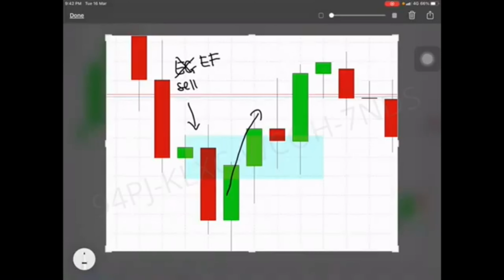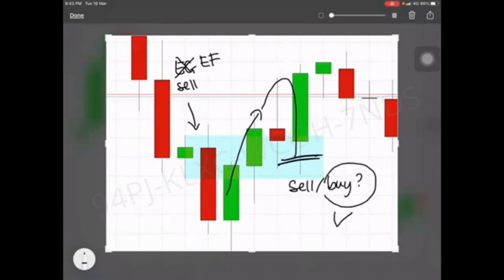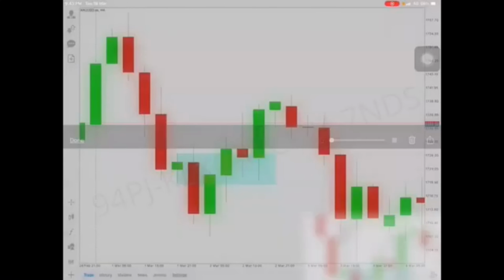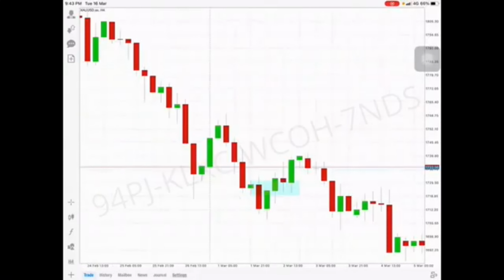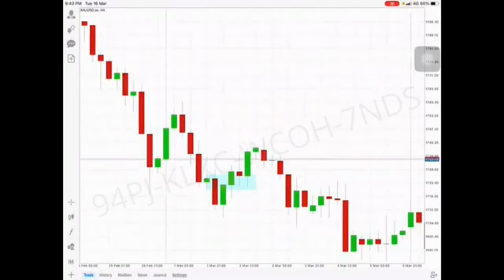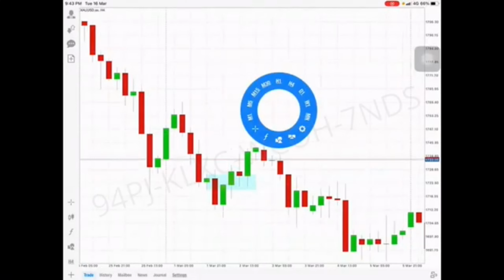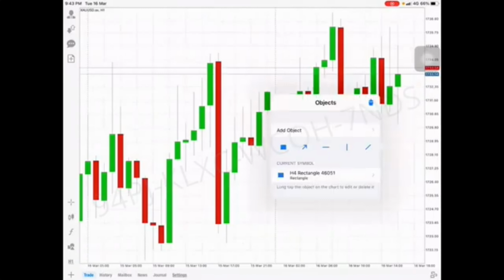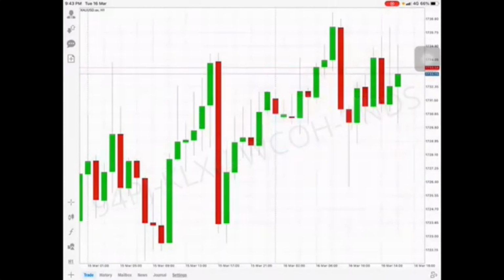So when the price comes back to the zone, are we going to look for sell or buy? Buy. That is correct. Okay, so now do you understand how to mark the engulfing fail? Is it clear now?